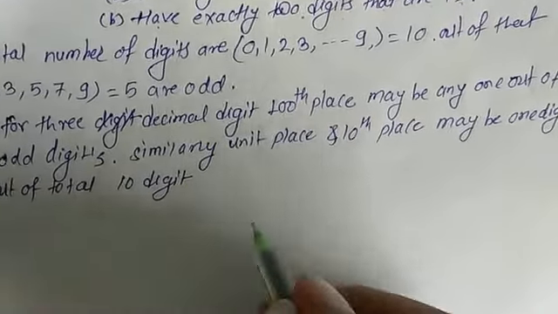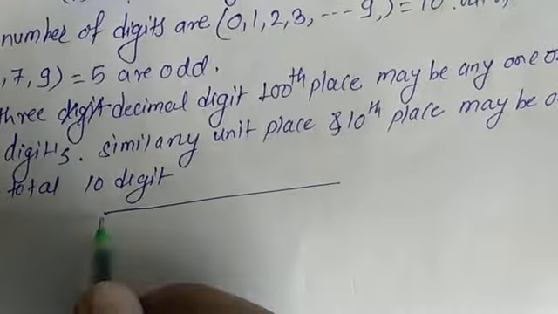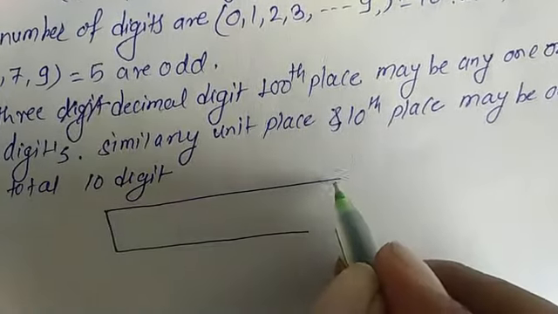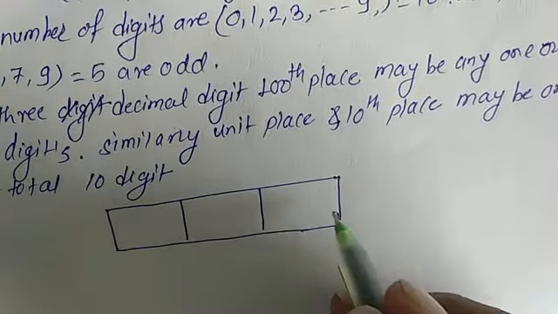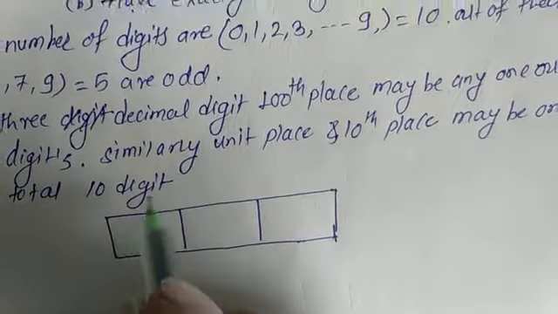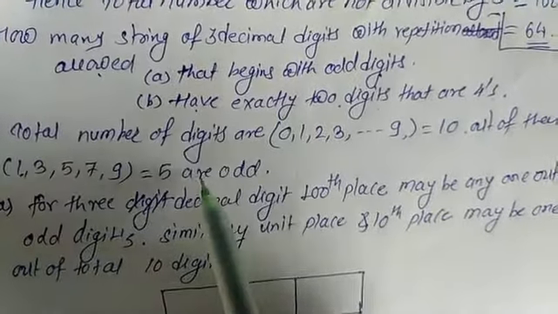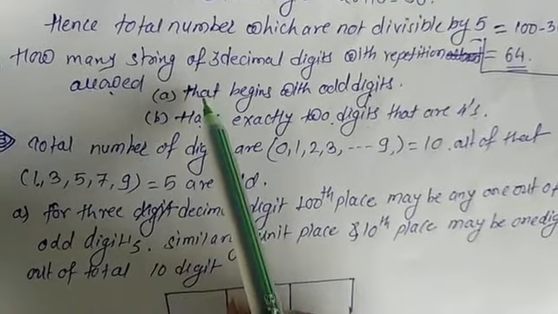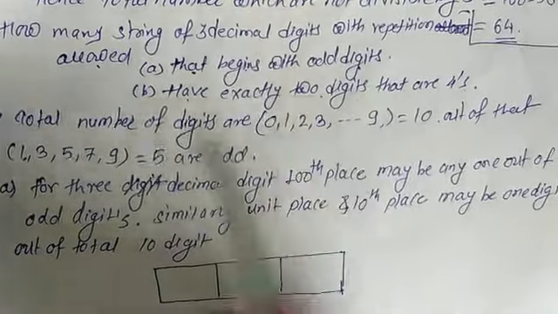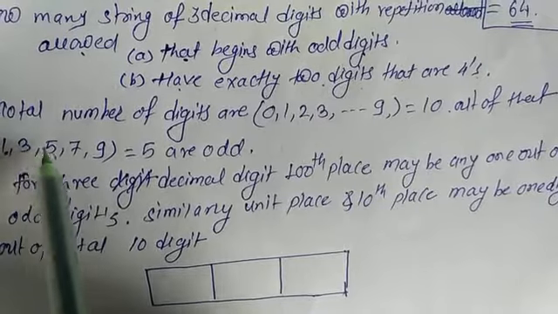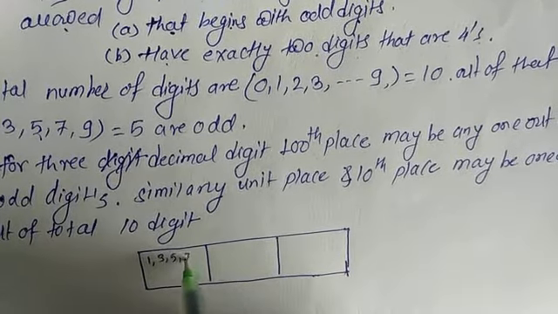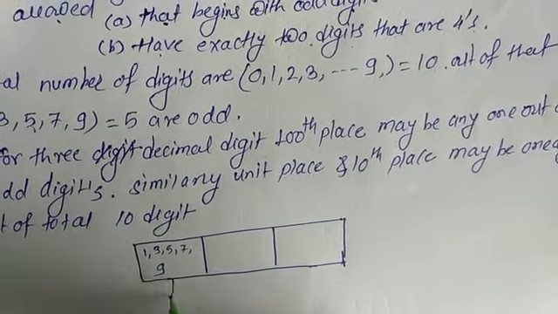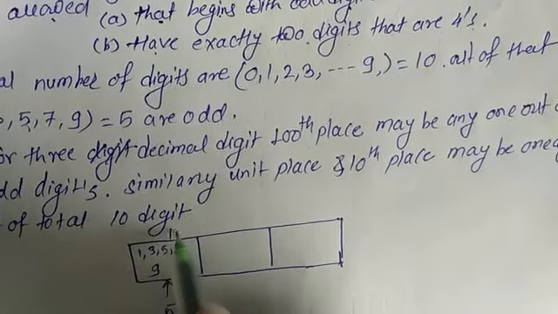That means if I consider a 3 digit number with first, second and third digit, the possibilities are odd. We have to find the first question given that it begins with an odd digit. That means the possibilities are 1, 3, 5, 7 and 9. So there are 5 possibilities at the 100s place.